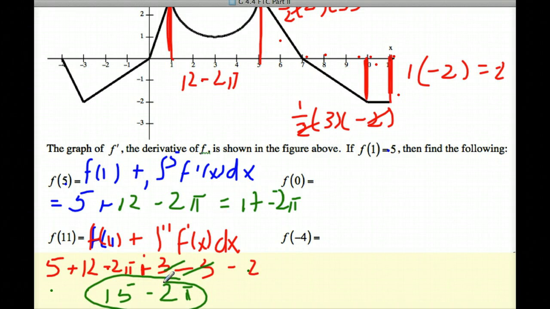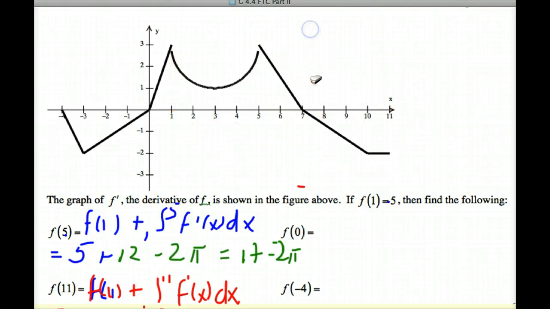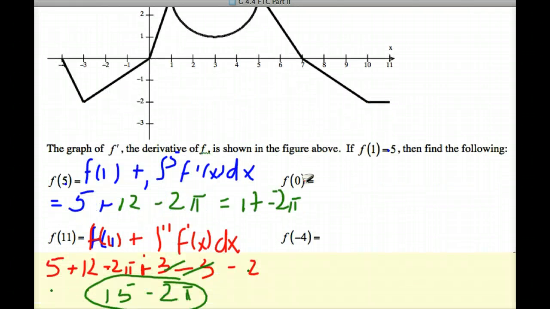Alright, so let's go ahead and take a look at our next section. And once again, I'm going to clear all of this out just so we have more room. And what we notice is we're going from 0 to 1. So what we get is f of 1, let me redo that.